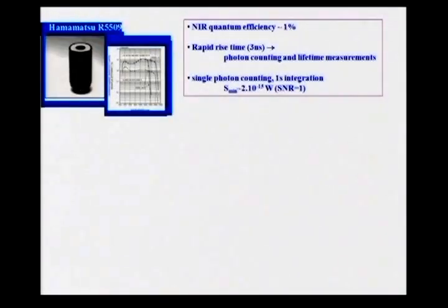The breakthrough was a technological breakthrough when Hamamatsu brought out this photomultiplier tube. This is a normal photomultiplier tube response, wavelength versus quantum efficiency, and they managed to produce a photomultiplier tube with extended near-infrared. This was not generated for singlet oxygen dosimetry. No one can make money out of doing singlet oxygen dosimetry.